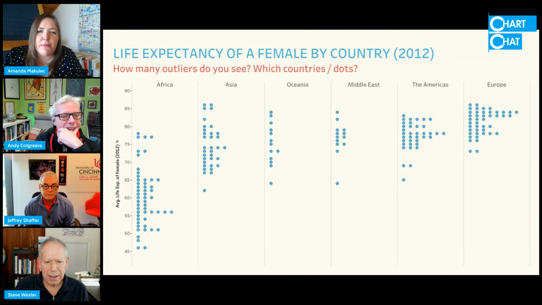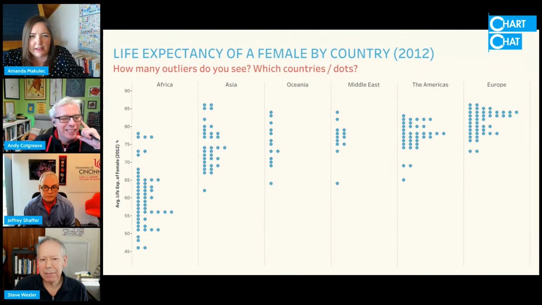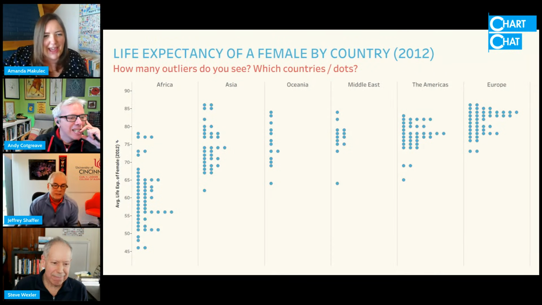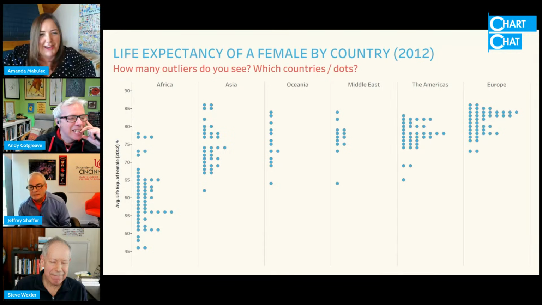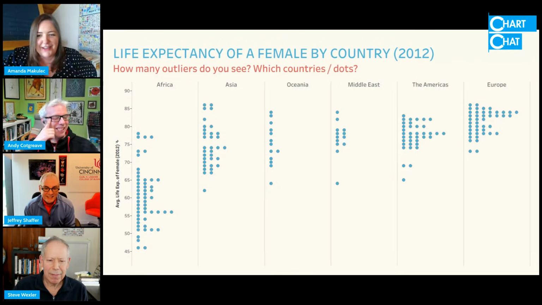Yeah. I would guess the Americas one is too, because of how much clustering there is at the top. And I'm wondering if you're tricking us with that last lingering one on Africa at the top of the chart around 80, around like 87. Is that one actually just tricking us that it looks like a cluster, but it's not a real cluster because there's such a concentration farther down? What about you, Steve?